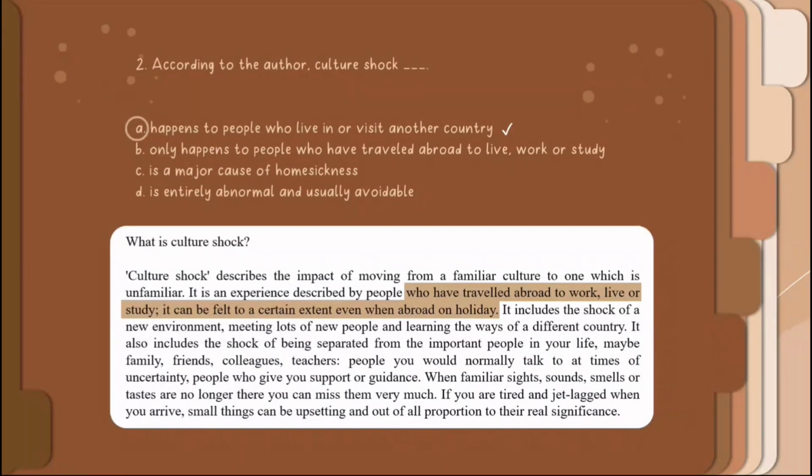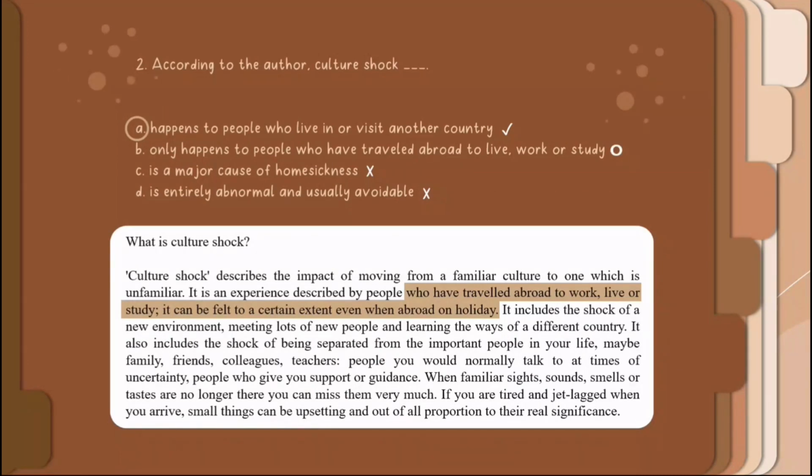For B, if we use the strategy that I've mentioned earlier, you can eliminate the choice C and D. And for B, you will put an O because it is partly correct.